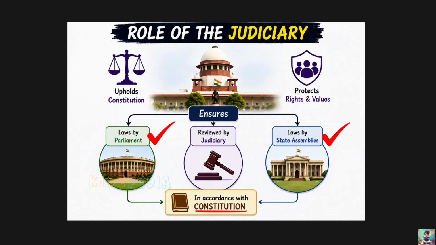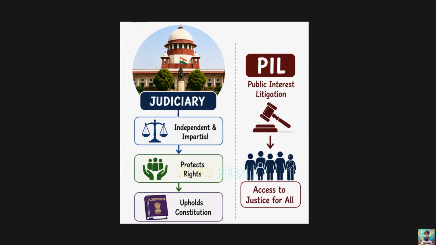In other words, even the law-making bodies have to follow the Constitution. The judiciary is also impartial and independent. This means it should take decisions fairly and independently without being influenced by other authorities. By doing this, the judiciary safeguards the rights of citizens and protects the spirit of the constitution.